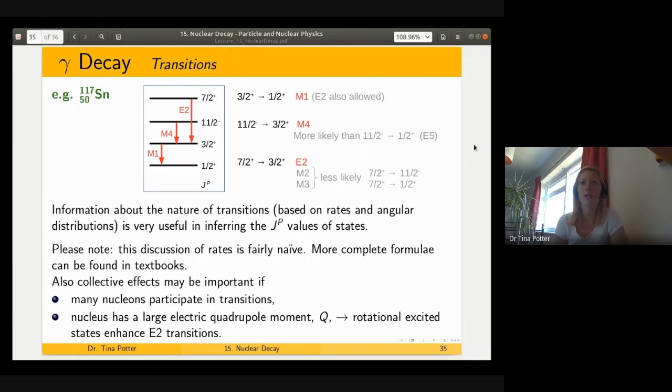That's something that we haven't had a look at here. Or if we've got a very deformed nucleus and we've got a large electric quadrupole moment, like sodium, for example, there we've got rotational excitations that are actually going to enhance our E2 transitions over the others. So those are quite interesting, and you can have a look, of course, in other textbooks if you'd like to go beyond this course.